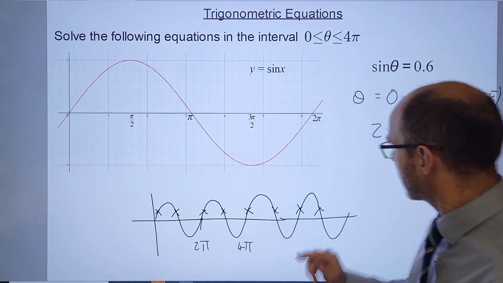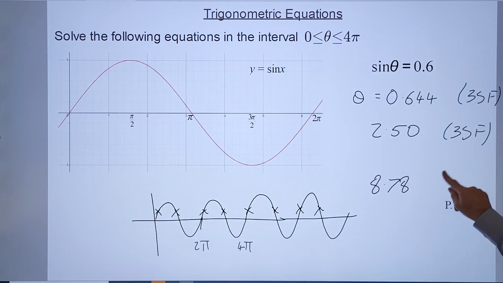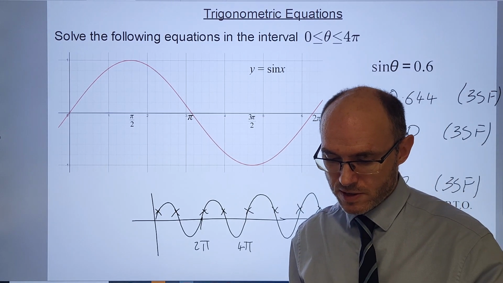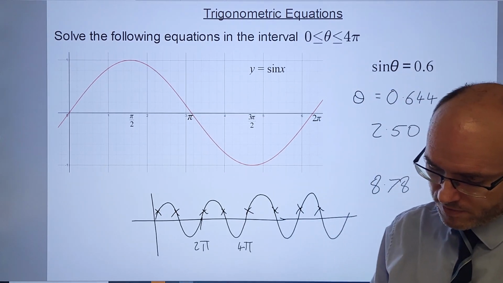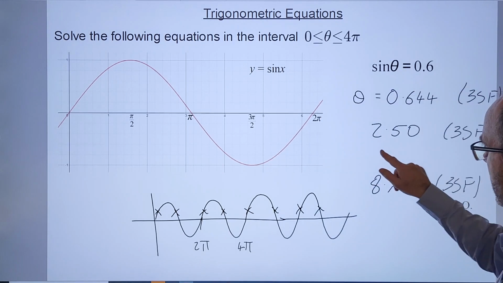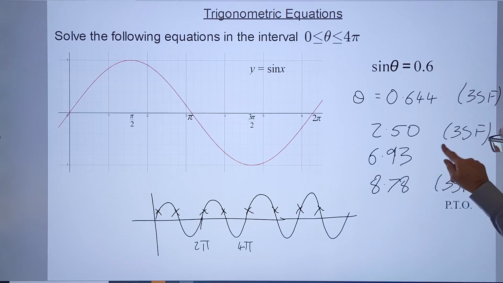First of all, I'm going to write it down and leave a gap, so that'll be 8.78, 3 significant figures. To get this one, I'm going to go back to the original I had, which was inverse sine of 0.6, 0.6435, add to that 2 pi, and 6.92, 9266, so 6.93. Okay.